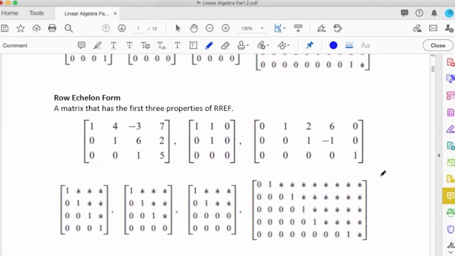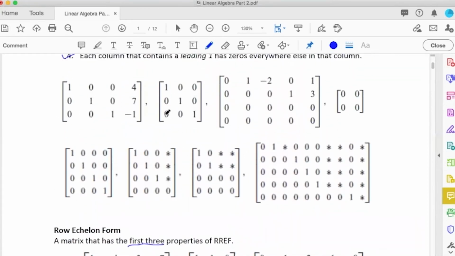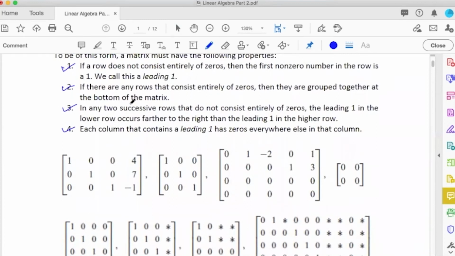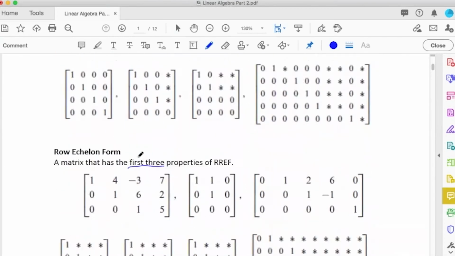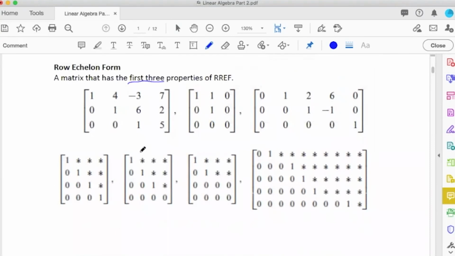A matrix that has the 3 properties of RREF, meaning we have properties 1, 2, and 3 only, so the fourth property is not being met, means that the matrix you got is in the form of row echelon form. Okay, so this is an example of a matrix in row echelon form.